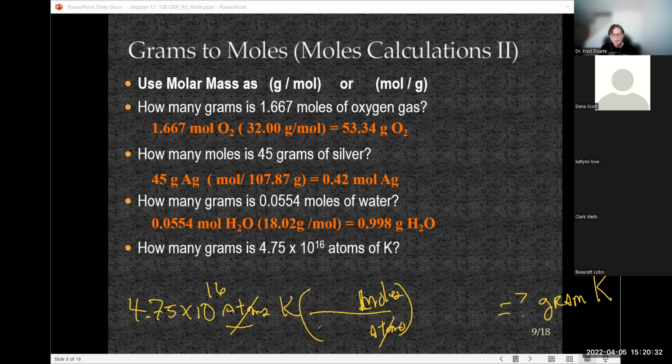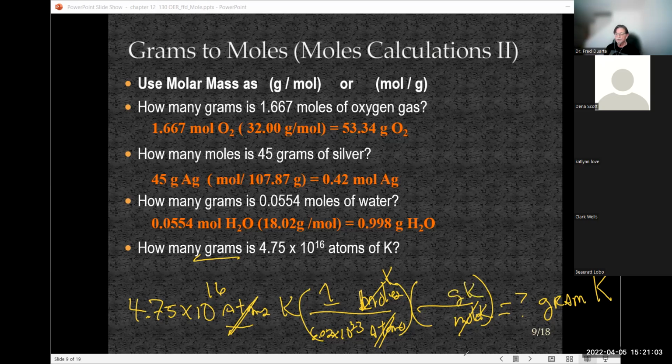So that means we put Avogadro's number in the denominator, 6.02 times 10 to the 23rd per 1 mole. Our atoms cancel out, leaving us with moles of potassium. Well, we're trying to get to grams, so we need moles of potassium to cancel out and give us grams of potassium.